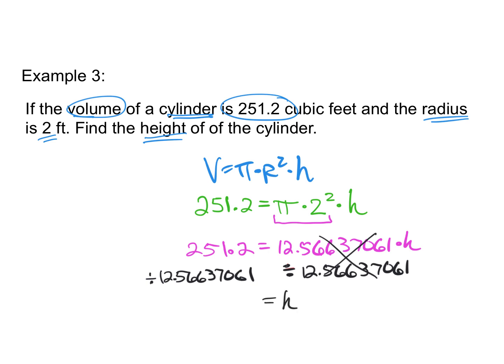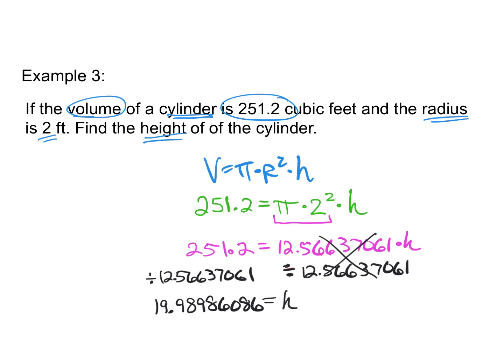We're going to do 251.2 divided by 12.56637061. And we're going to press enter. And we're going to get 19.9898686. And let's round it to the nearest tenth.